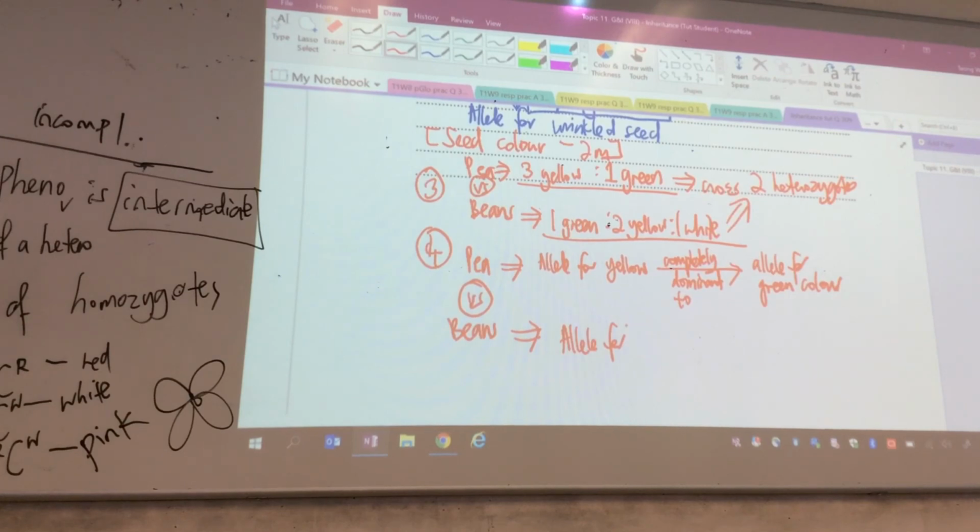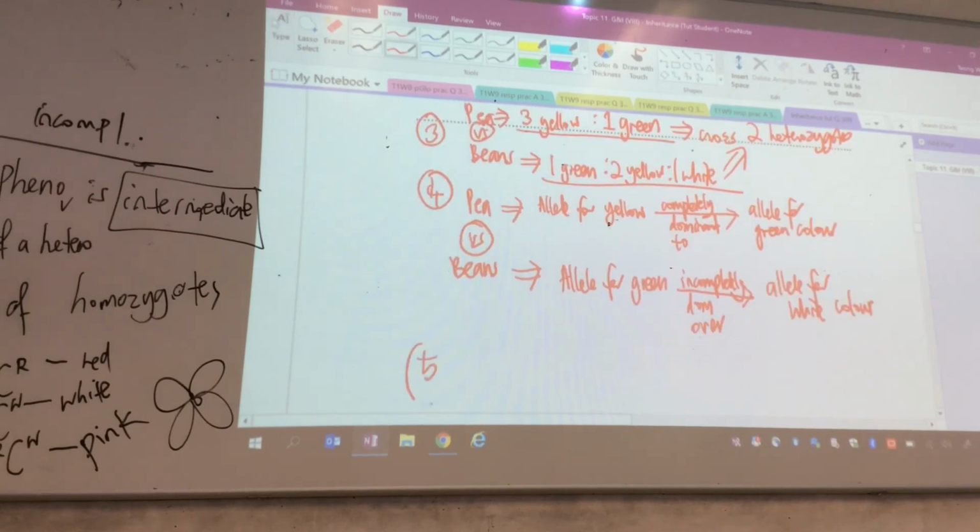Is it green, yellow, or white? Green. So the green is incompletely dominant over the white, so you get yellow. The allele for green is incompletely dominant over the allele for white. Last marking point, therefore, the beans that are heterozygous will be yellow.